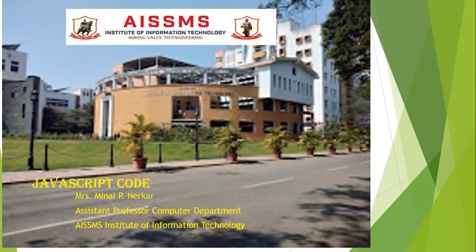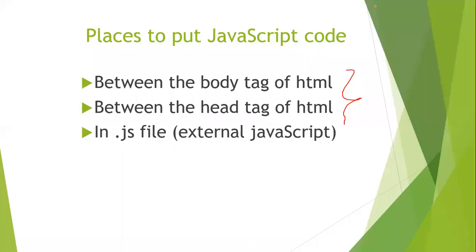Today we are going to see how to place JavaScript code in the HTML file. There are two ways in which we can place the JavaScript code in the HTML file. So first two indicates the internal placement.